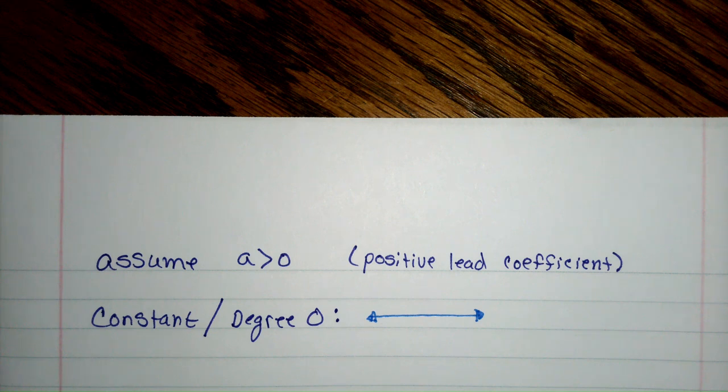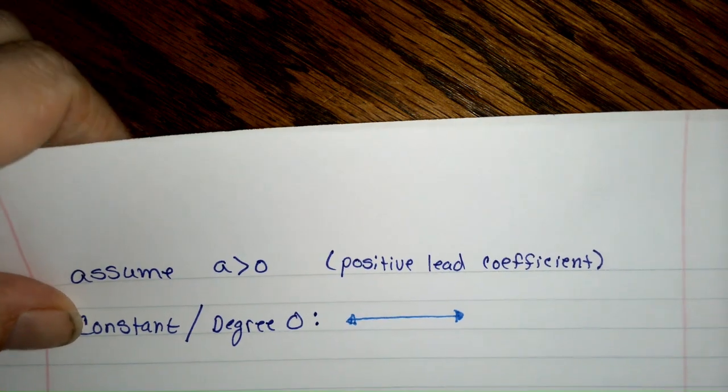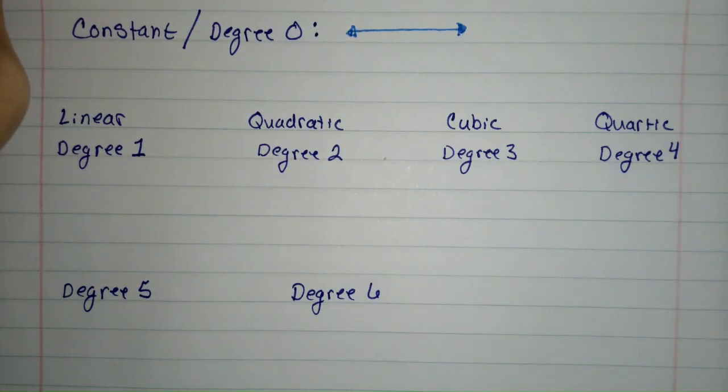It really doesn't technically have an a value because it doesn't have a coefficient. So we are going to keep that one completely separate. So remember, if you have a constant, it flat lines, degree 0. It's just in its own little world. The other ones that we're going to look at, we're going to go all the way through degree 6. Okay?